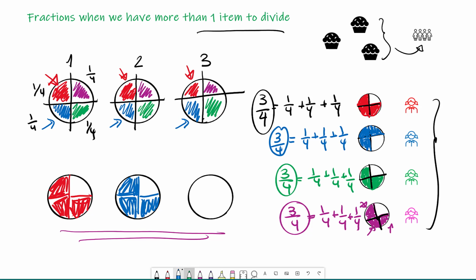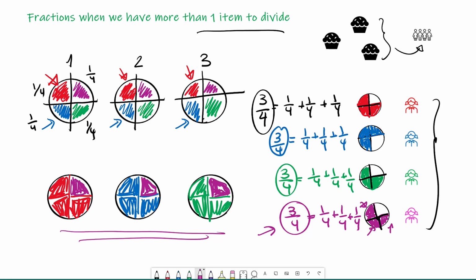And then finally, or not so finally, we'll add the green kids' pizza to this dish. Now, what do we do with our pink guy, right? What do we do with the pink kids' pizza? Well, one slice will go here, and another slice will go here, and another slice will go here.